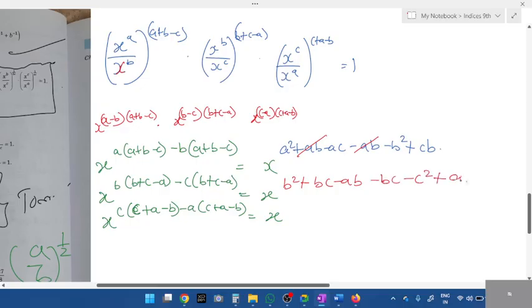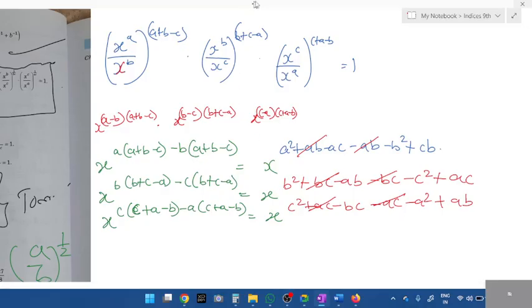No. Let's see which one gets cancelled. Okay, next one. Minus BC, right? Minus AC minus A square plus AB. So here this gets cancelled, correct?